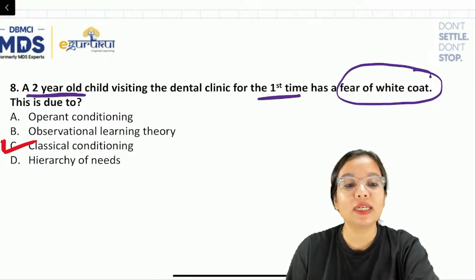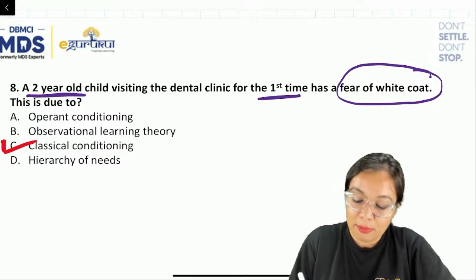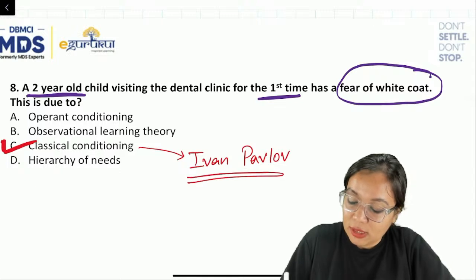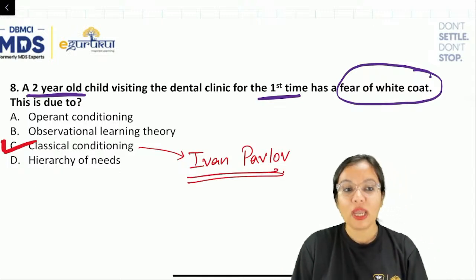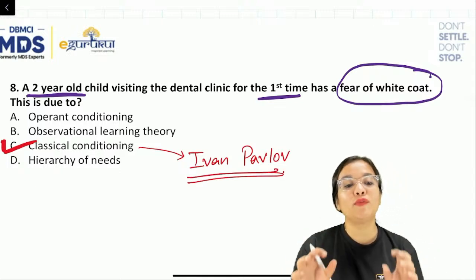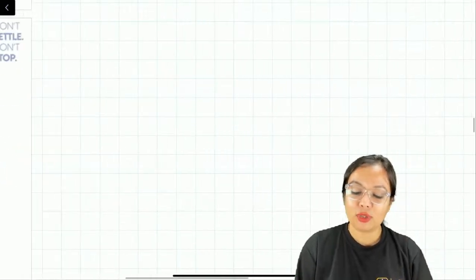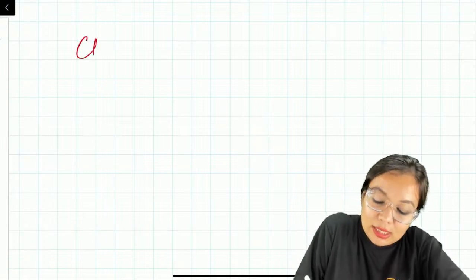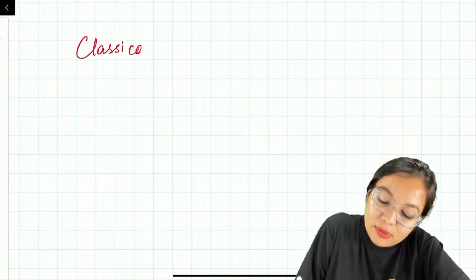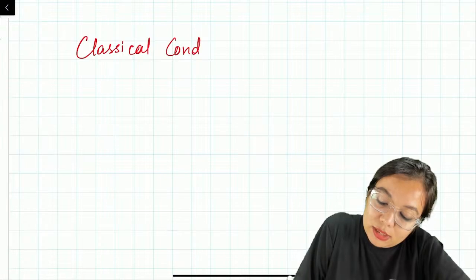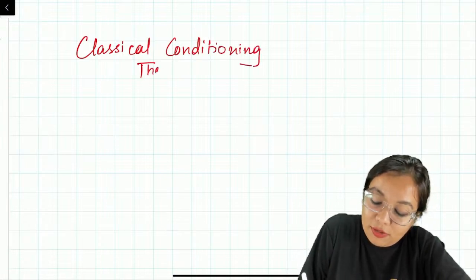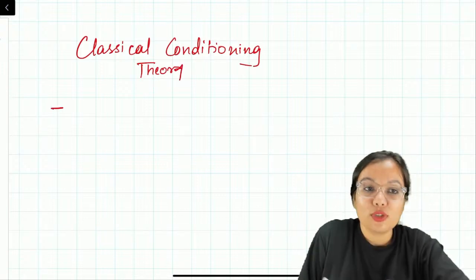The classical conditioning theory was given by Ivan Pavlov, and this process involves the following steps. Okay, so what steps are involved?